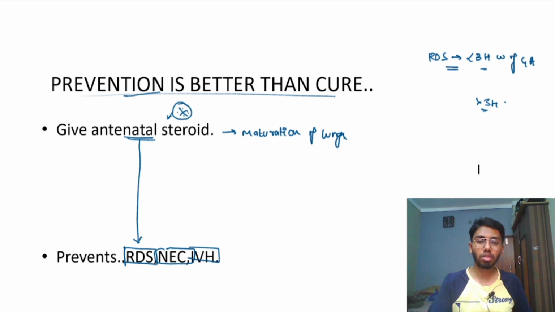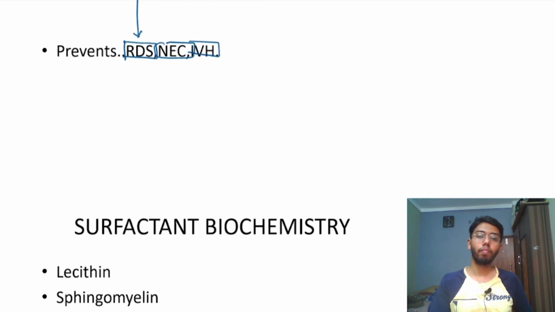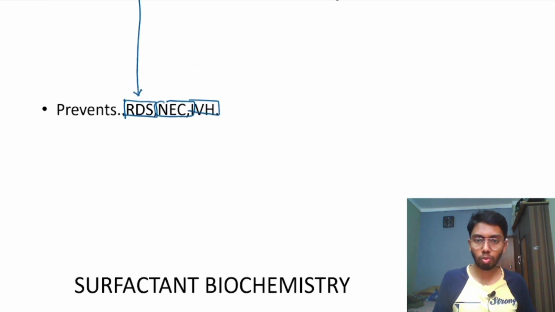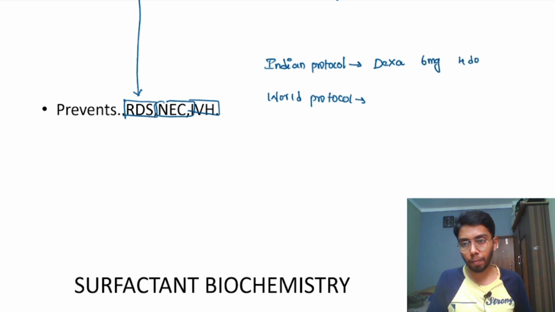You know what is the dose of steroids? I think most of the people will know the dose of steroids. Okay, let me write here. See, we use two protocols. One is the Indian protocol. India follows one protocol. The remaining whole world follows the other protocol. Okay, Indian protocol is dexamethasone, dexa, 6 mg, 4 doses, 12 hours apart.